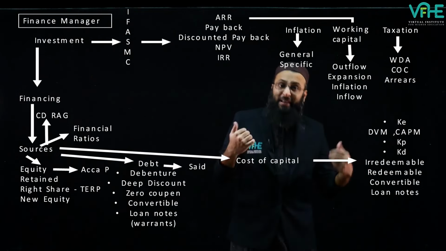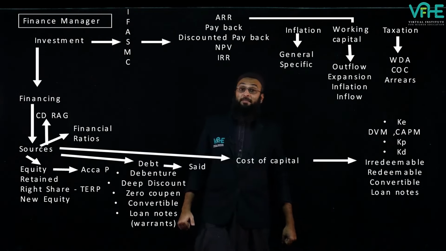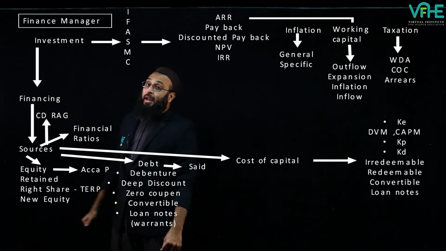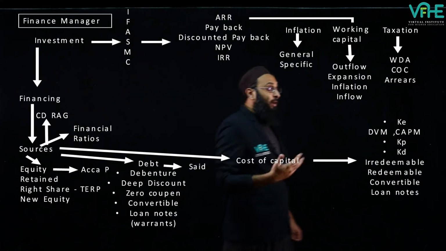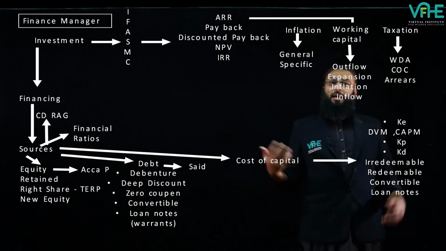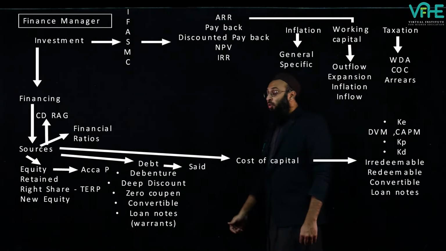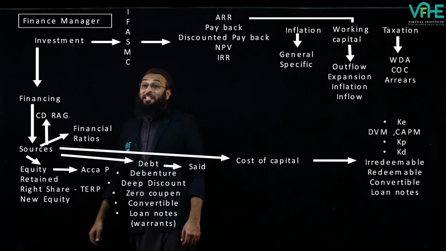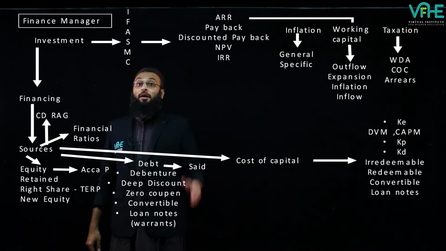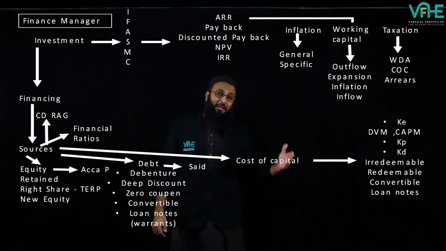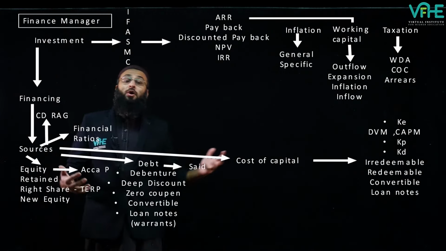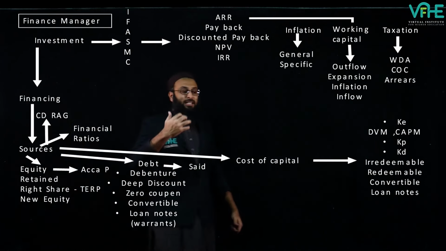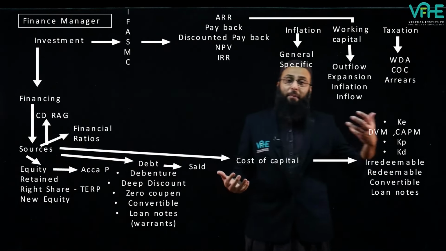This is how it can diversify unsystematic risk. Having said that, CAPM seems to be a better technique than DVM, but there are certain drawbacks. Drawback number one is that it doesn't cover unsystematic risk. Number two, it does not differentiate between capital gains and dividends. It does say return, but never tells you what kind of return, whether it's a dividend return or a capital gain return.